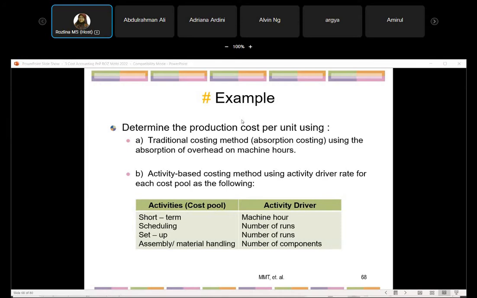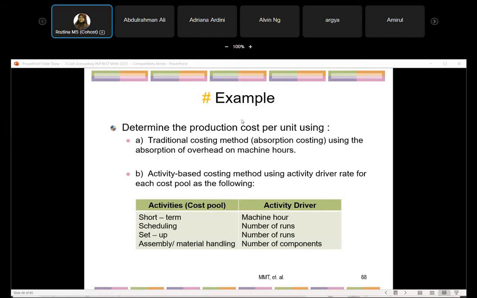What is overhead? Cost for operating business. Cost of operating the business. Okay, cost of operating. It is the cost other than the prime cost.